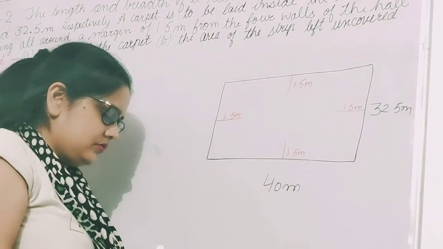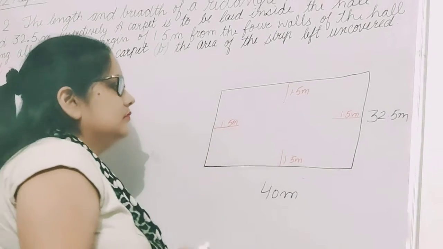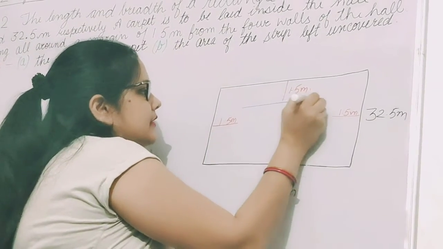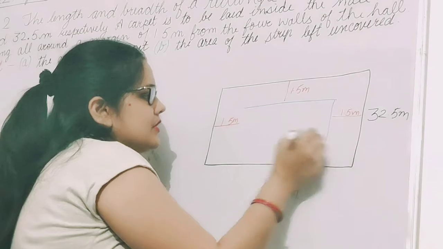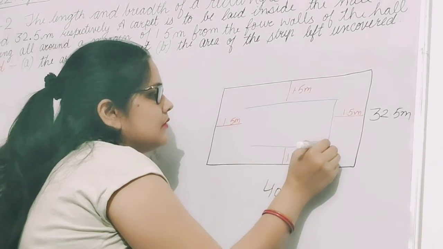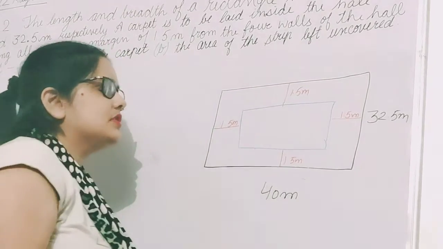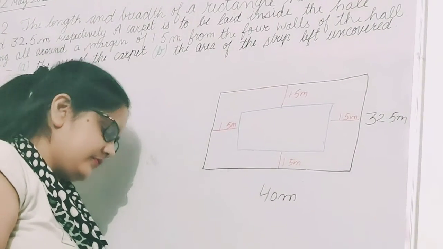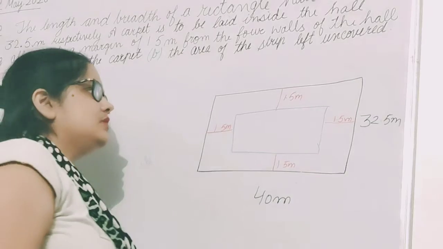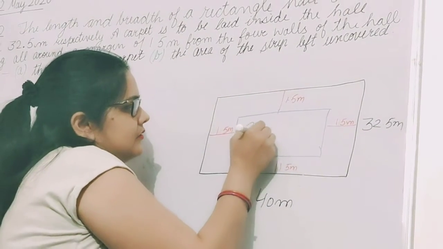So now your carpet is in this portion. Carpet laid is in this. This small rectangle is carpet.